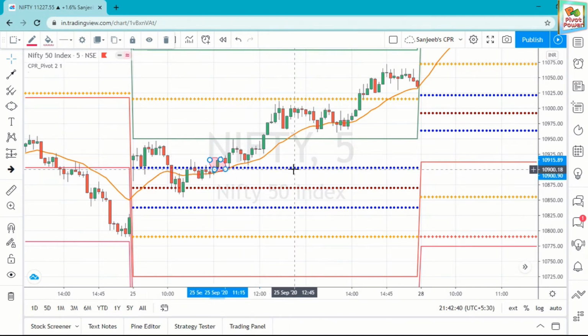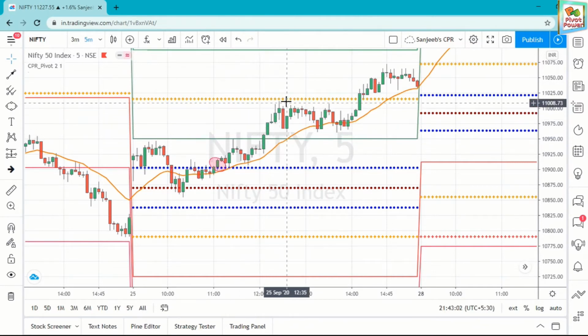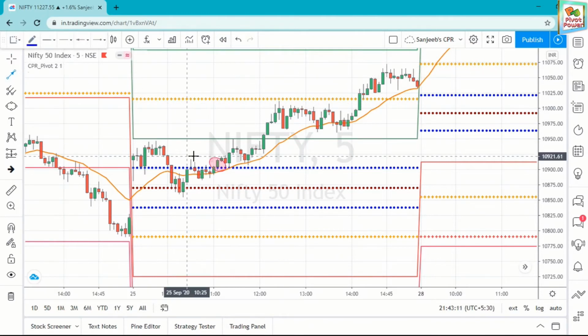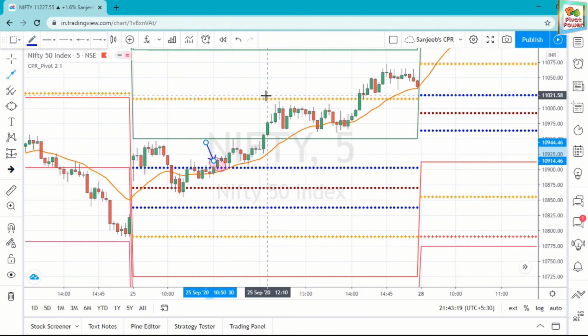At the support level we can buy here, and the target should be the next resistance level, that is the R1 pivot. When it crosses, you can enter, and at the next resistance level, the previous day high, we can sell out here. Entry should be here, and exit should be here.